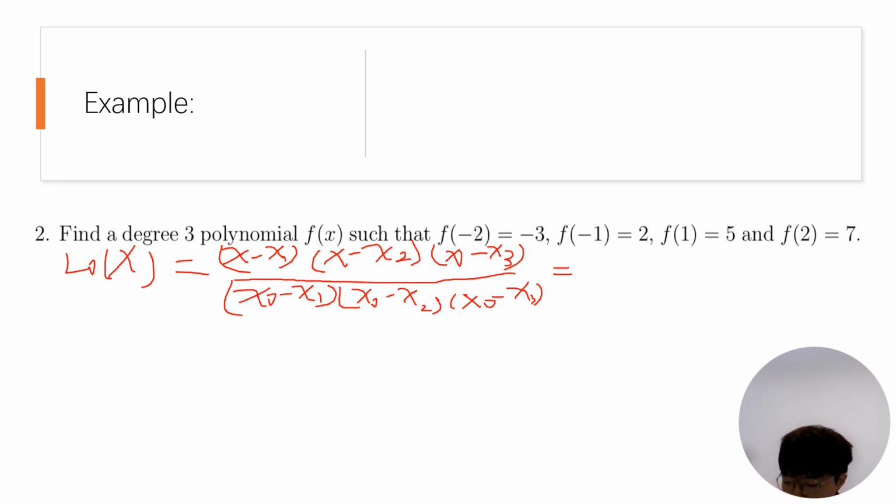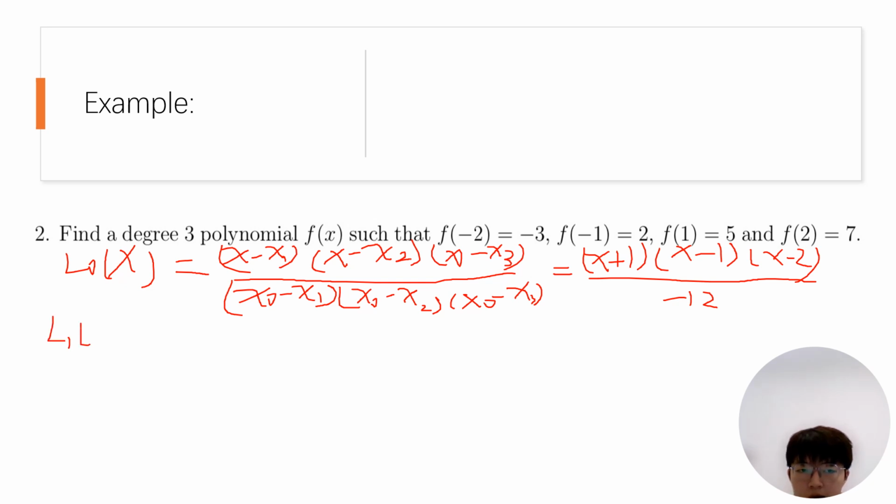L0(x) is (x plus 1)(x minus 1)(x minus 2) over minus 12.